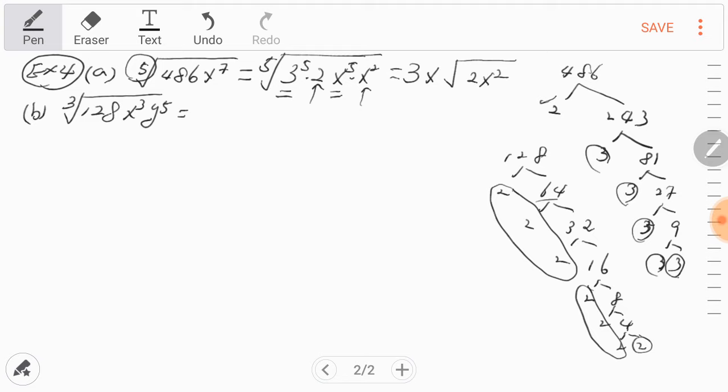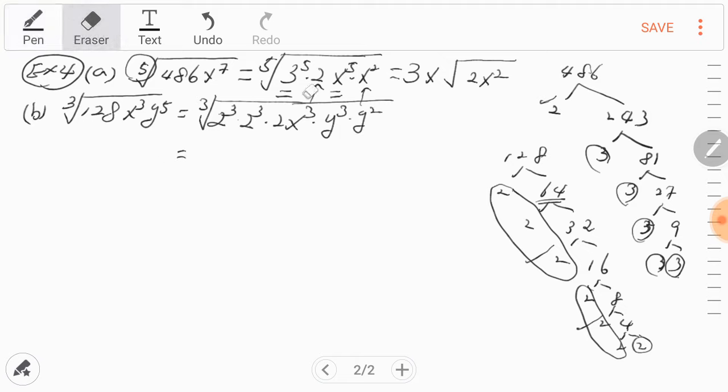And actually from this one, this is 4 squared, but we want 4 cubed, so that is okay, we can use 2 cubed. So the cube root of 2 cubed times 2 times x cubed. And then y to the fifth power can be written as a product of y cubed times y squared.